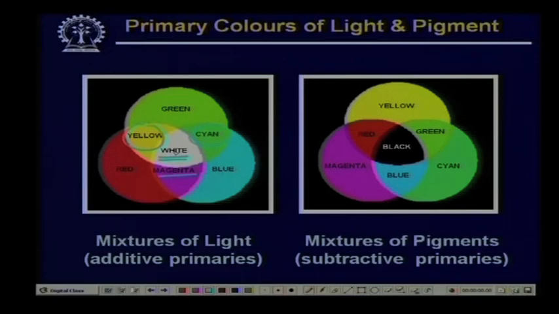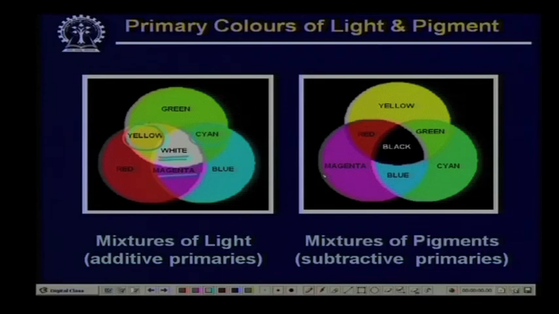Similarly, when it comes to pigment primaries, yellow, which is a secondary color for light, is a primary color of a pigment. Similarly, magenta, which is a secondary color of light, is also a primary color of pigment. Cyan, which is a secondary color of light, is a primary color of pigment. And here you find that when these pigment primaries are mixed together, then they form the primary colors of light.